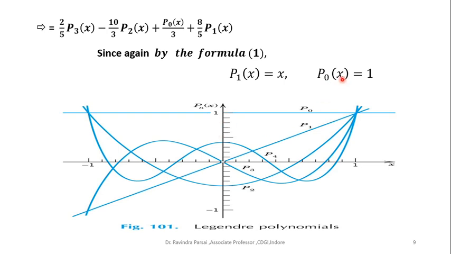You can take x as independent, along the x direction, and along the y direction you are measuring the value of the Legendre polynomials. This is the value of P0, and what will be the value of P1(x)? P1(x) is just a straight line passing through the origin, that is y equal to x here, and so on. You can continue with P2(x) here.